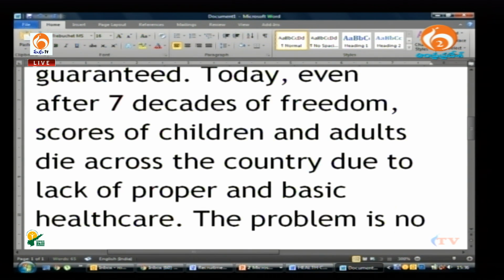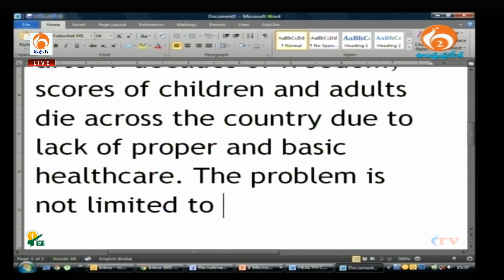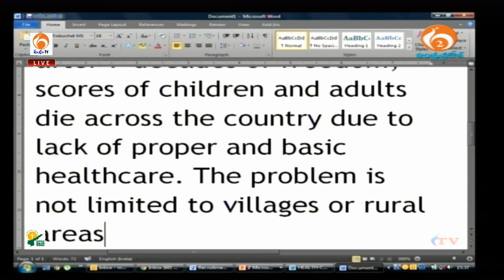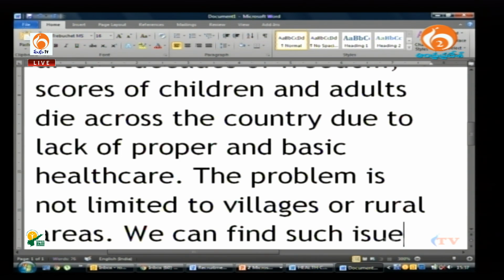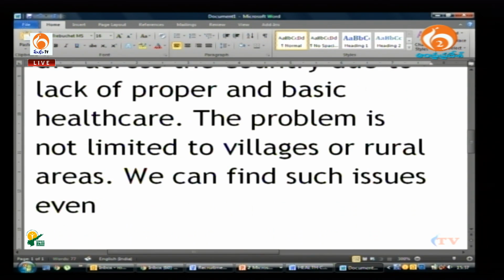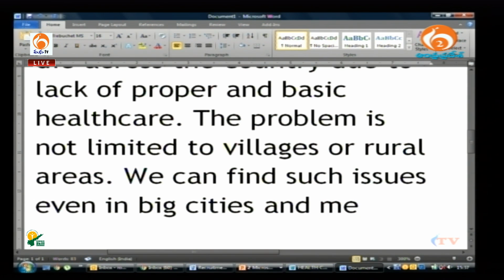The problem is not limited to villages or rural areas.